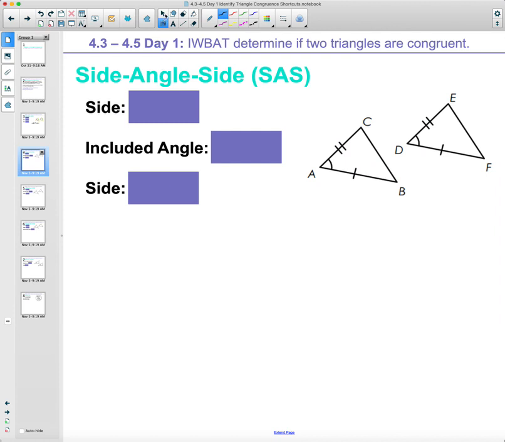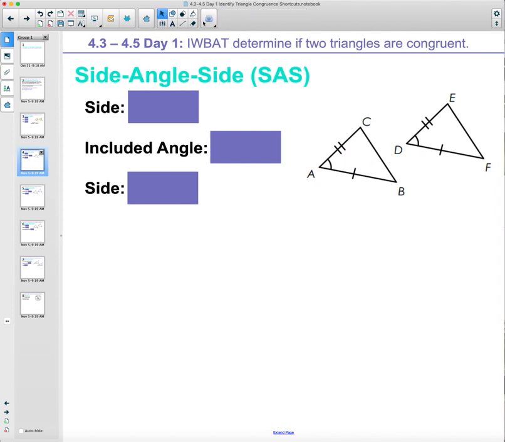So the second way is if we have 2 sides and then the included angle. So this angle has to be between the 2 sides. So as we see these sides, I see AB here is congruent to DF, and then I also see that AC is congruent to DE. So these are the 2 sides right here that are congruent.